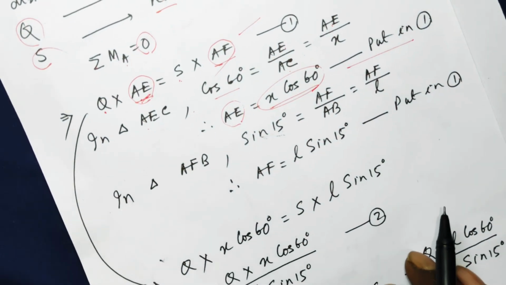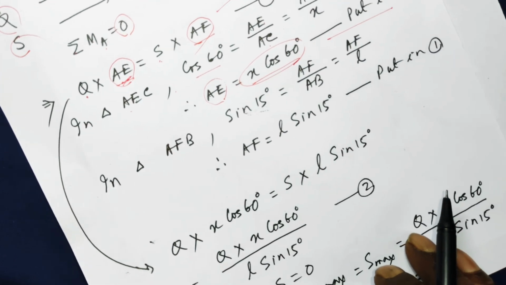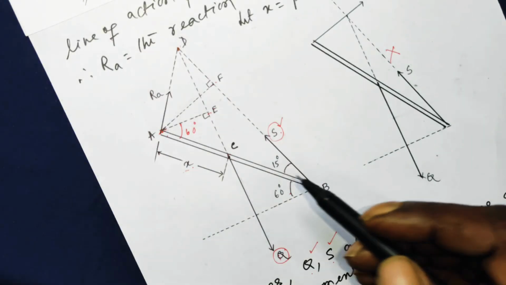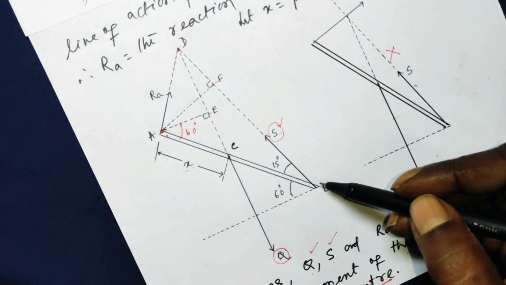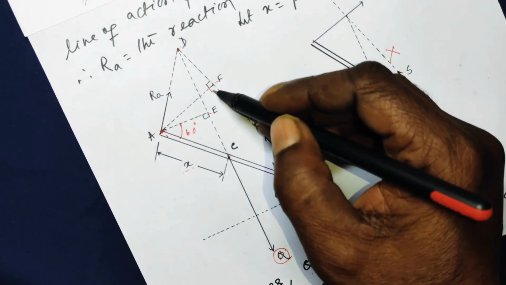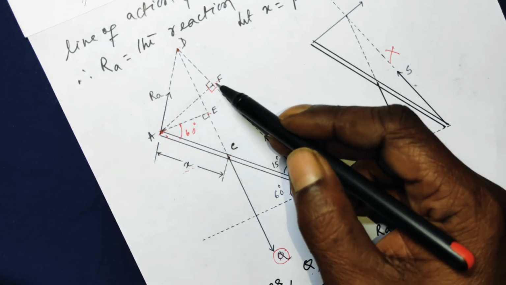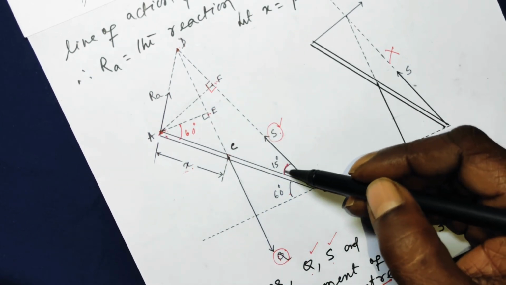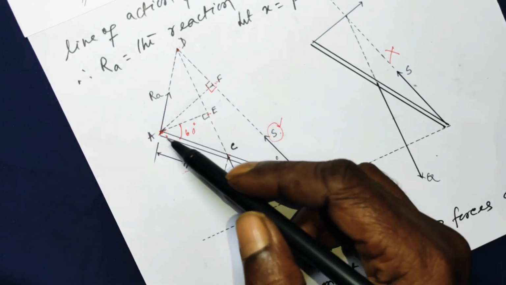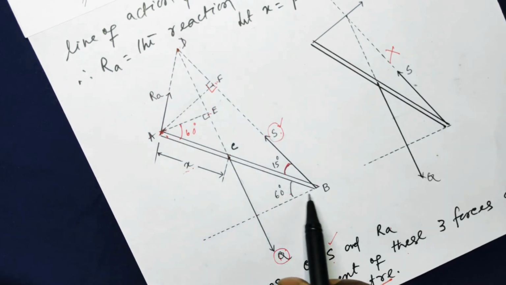Now look at the triangle AFB. AFB, right angled here. So we are required to find AF. So if you take sine of 15, it will be perpendicular over hypotenuse, that is AF over AB.